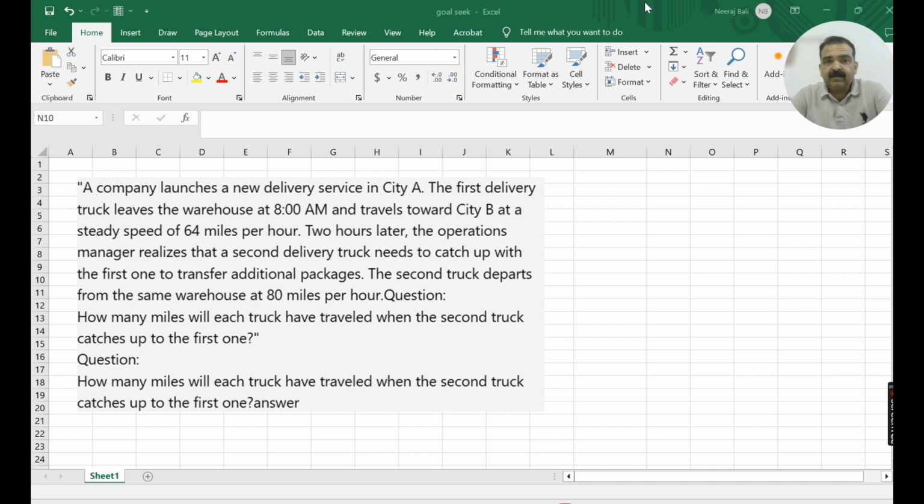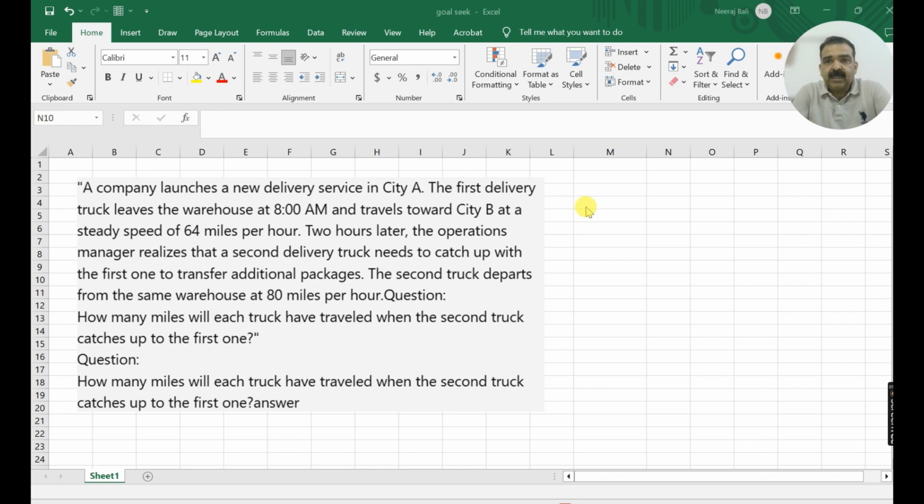The second truck has to catch up with the first truck because some material was left by chance. The second truck is at a speed of 80 miles per hour. The first one was at 64.